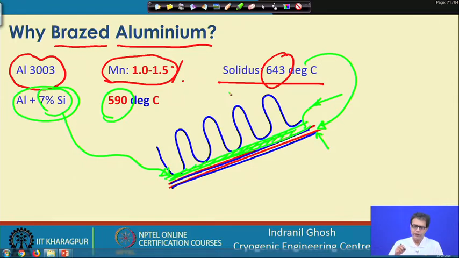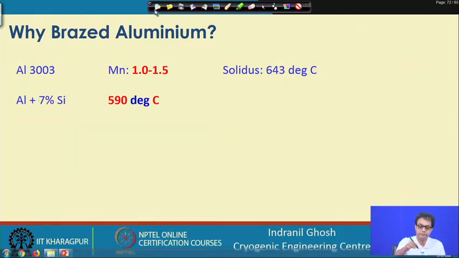So we need to maintain the temperature of the furnace so that the parent material does not melt. We need to ensure a good brazing between the fin and the plate, but at the same time we also need to ensure that there is no hole or formation of any leakage, so that the fluid flowing on this side and the fluid flowing on the other side do not leak, and that is what we need to ensure.